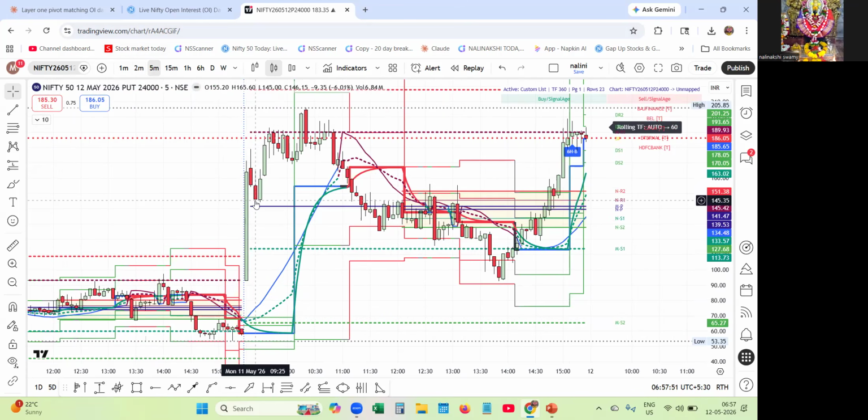When price came down and retested this level, if you would have taken the put option over here around 145, it went up to 203, but you could have limited your target to 188. 188 from 142, nearly 40 points is not a small amount.